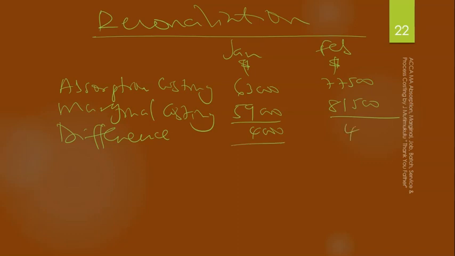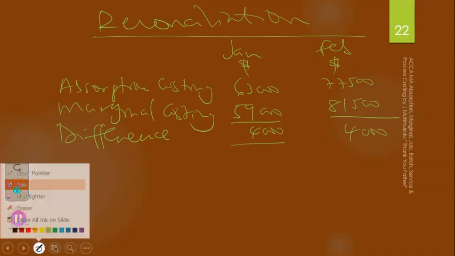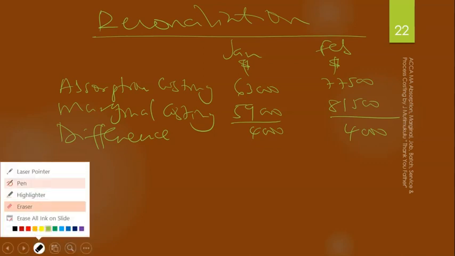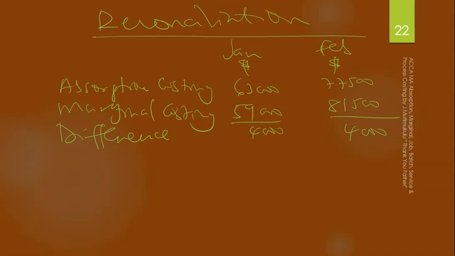Now, the fixed overheads in inventory should actually explain these differences in inventory values.